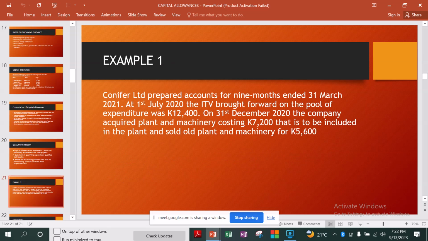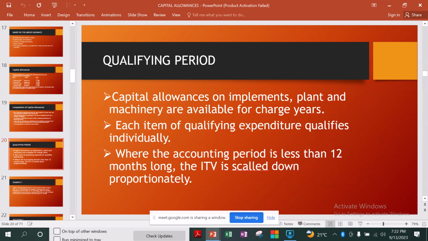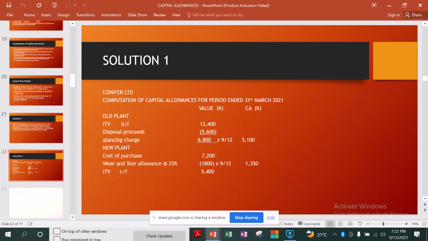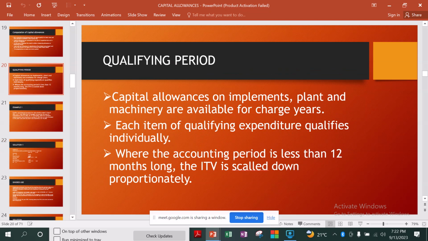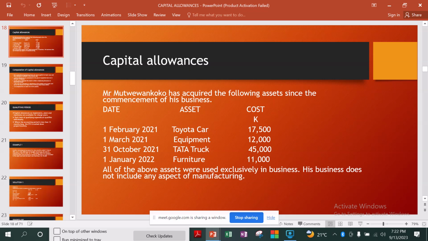Okay, so now how do we go about this computation? How do we go about this particular computation? I have this one for 17,500.